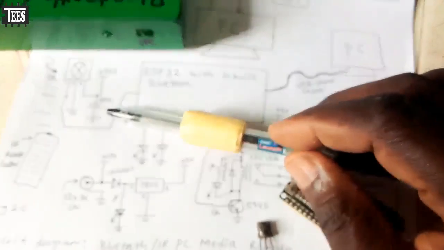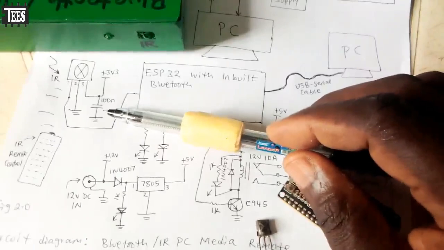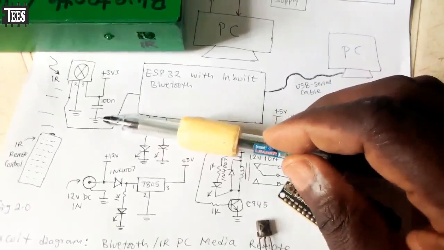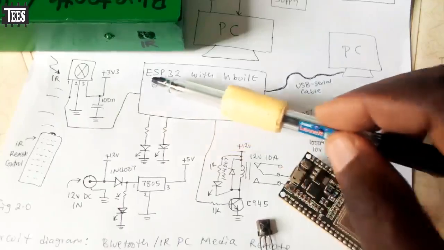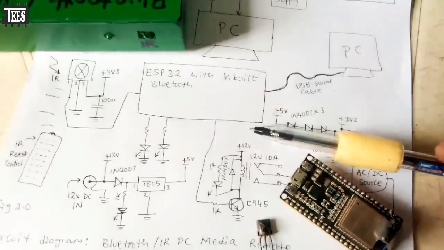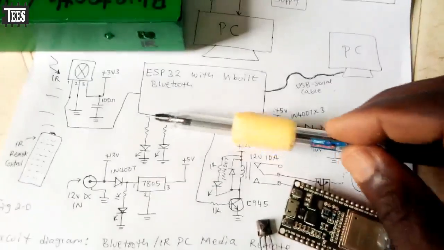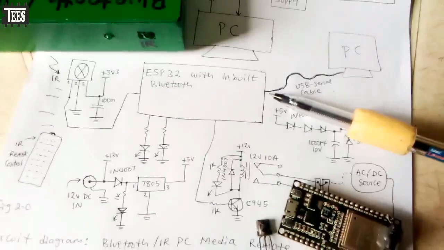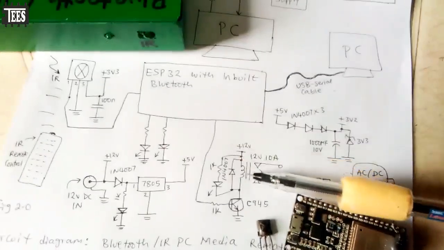So make sure you connect a non-polarized capacitor for filtering. So this is how the entire system is wired. You understand? So then this is the relay.